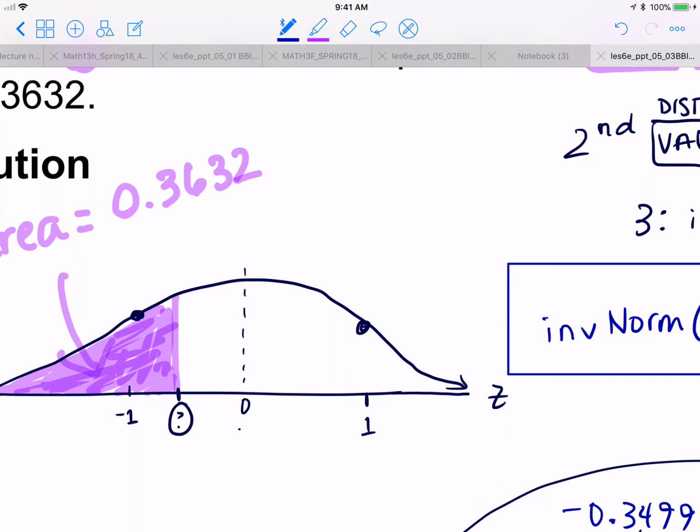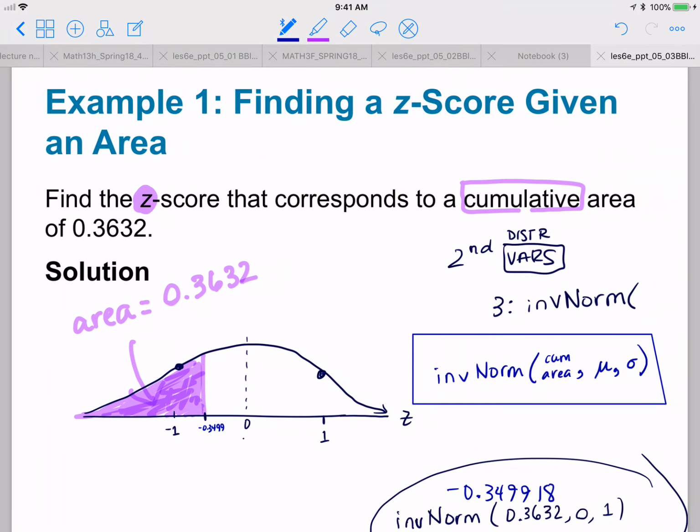So what that means is that this z-score is negative 0.3499, so essentially negative 0.35. So the z-score that corresponds to the cumulative area of 0.3632 is z equals negative 0.3499. That's my final answer.